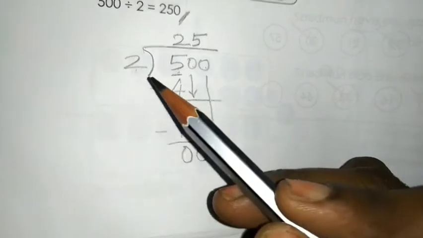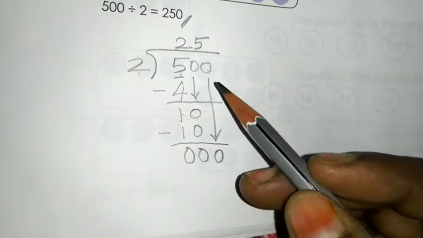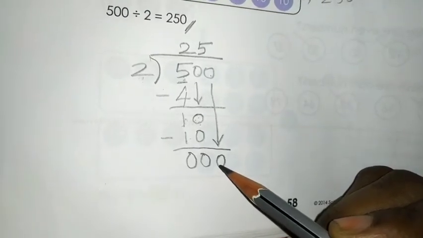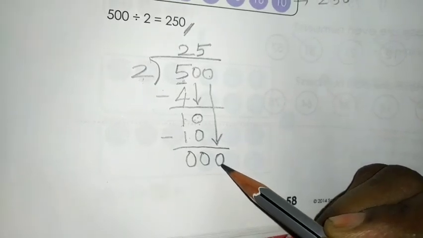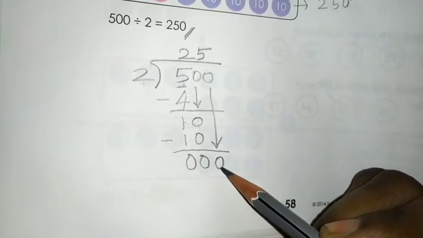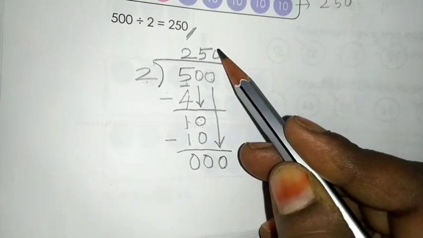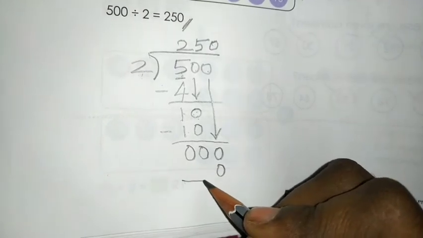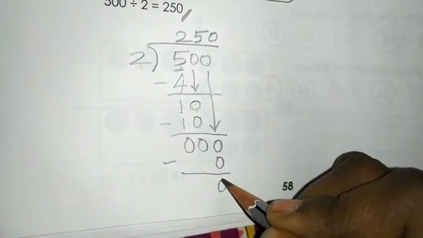We have to do multiplication using the 2 table again because we are bringing down the number from the question. So we have to use the 2 table until we get 0. How many times will you get 0 from the 2 table? 2 zeros are 0. If you subtract these two, what will you get? 0 minus 0 is 0.